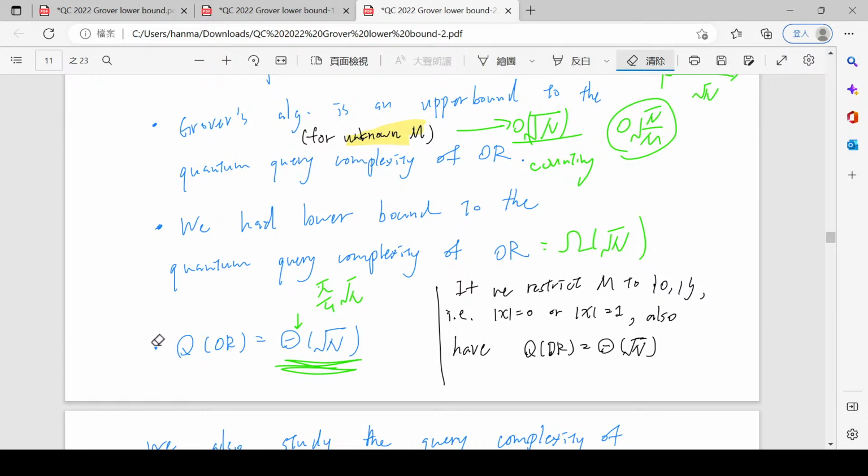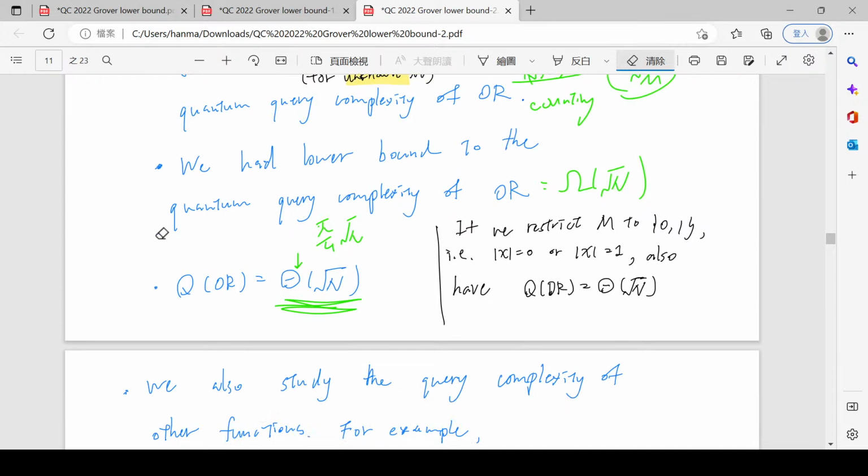Okay. I want to ask a student: why do we care so much about tightness? Well, there can be practical impact, right? You want your algorithm to be as fast as possible. That's the practical motivation. But in terms of theory, people just want to know the answer, what's the best possible you can do.